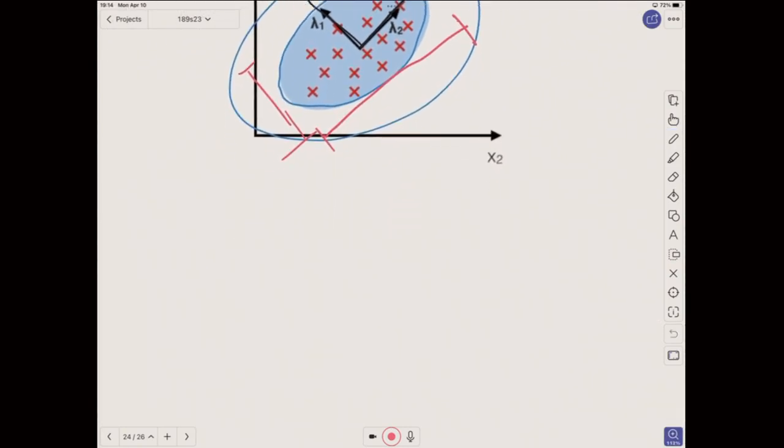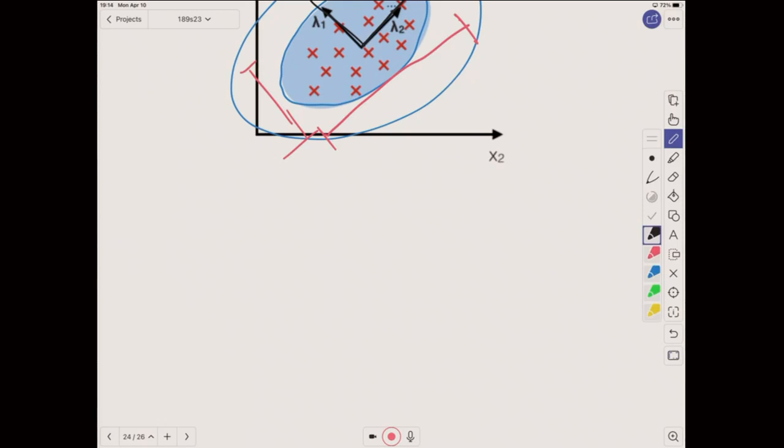So for now, that's the most intuitive answer, but my other 2 derivations coming up will be more mathematical.